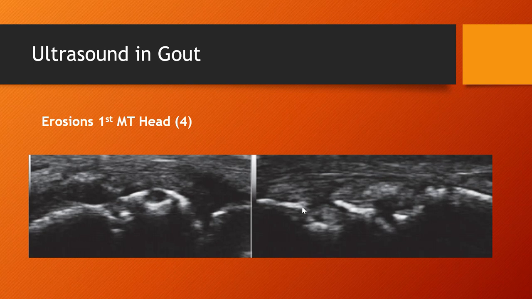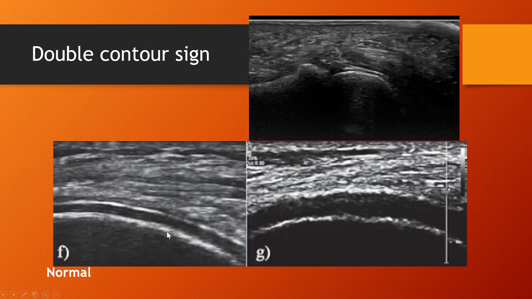Now, in addition to erosions, we may see what's known as the double contour sign, which is highly specific for gout. It's a sign we don't see in rheumatoid, so I'll show you what that looks like. This is from reference number 5 by Filippucci in 2009.